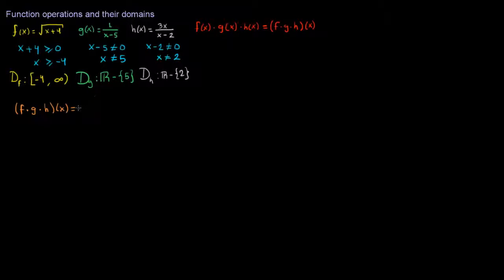It would be the square root of x plus 4, times g of x, which is the green one, 1 over x minus 5, times h of x, which is the gray one, 3 times x over x minus 2.